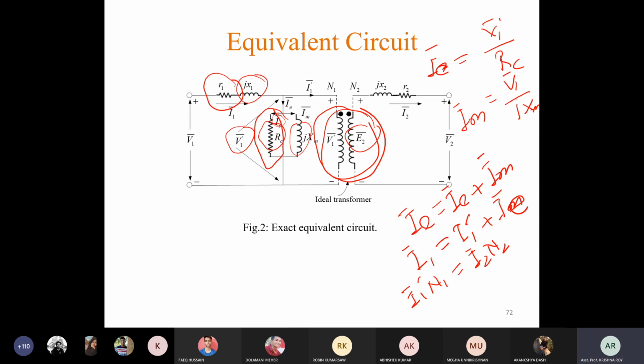All the imperfections of a practical transformer are shown separately in this equivalent circuit. So these two windings only represent the transformation of voltages and currents. That is why it is drawn by dotted lines. Is it clear? Yes, sir. So you have to draw these two windings by dotted lines, and indicate that this is the ideal transformer without any winding resistances, no leakage reactances, and no core loss also.